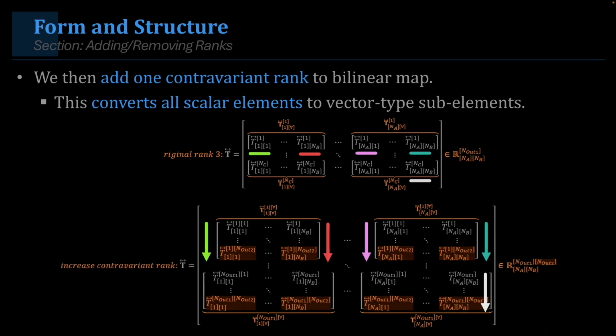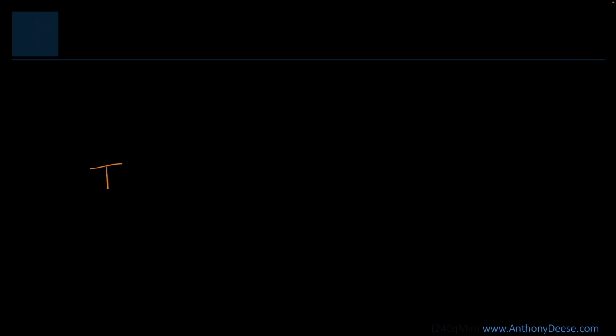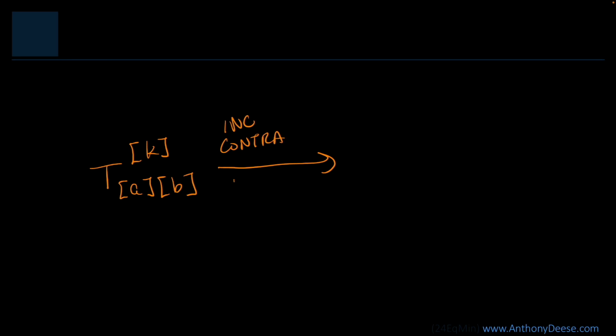Okay, so then what happens when we go from our original tensor and we increase the contravariant rank? Now what we're doing is somewhat the opposite. So we had an element, and we increase the contravariant rank by 1. What that does, the covariant rank stretched it sideways, the contravariant rank will stretch it up and down.